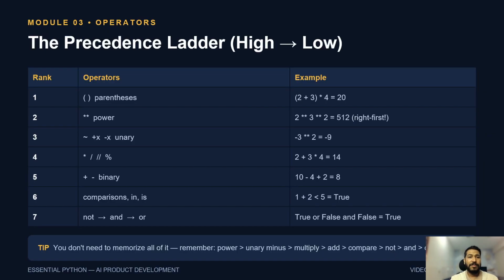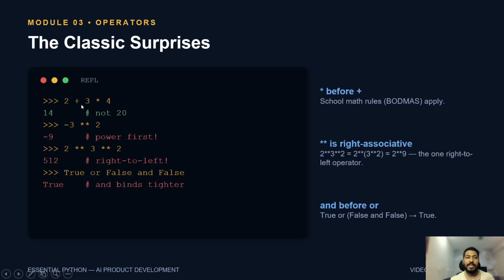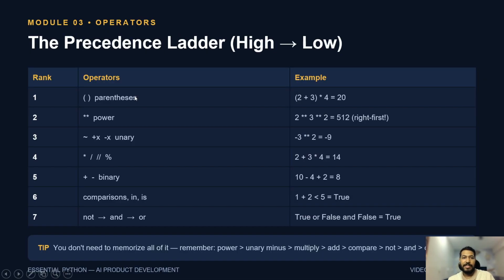All right. Coming to this slide, this is totally dedicated to the precedence ladder. Firstly, we are going to give preference to the parentheses, then the power. If we take the example here, in this given expression we give preference first to the expression written inside the bracket parentheses.